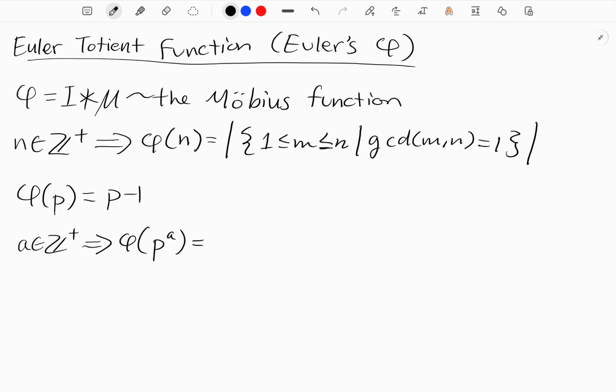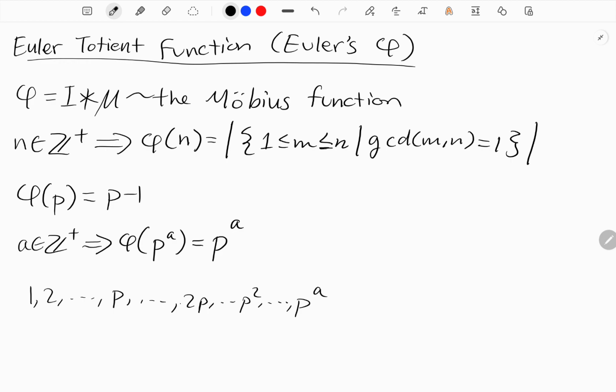So for example, it's the total amount of numbers from 1 to p to the power of a, which is p to the power of a. And so let's just list. So we have 1, 2, all the way up to p, p plus 1, right? And then we have 2p, maybe p squared, all the way to, let's say, p to the power of a, okay?